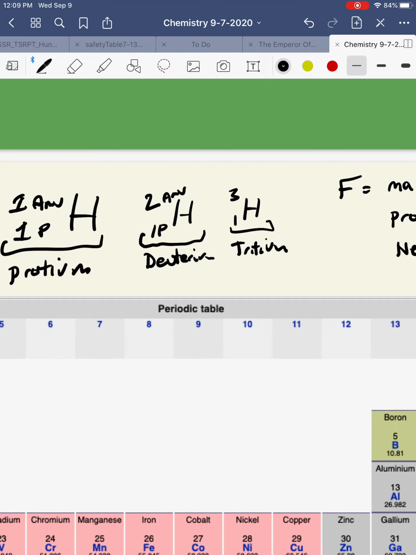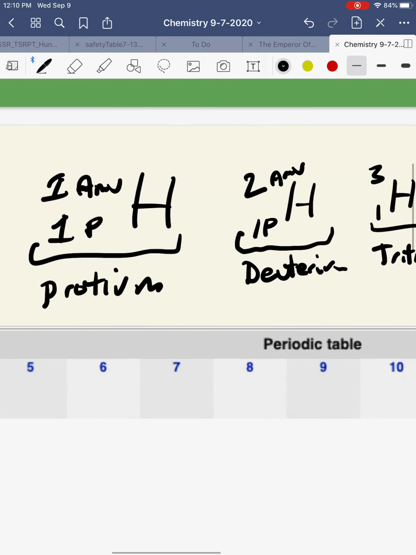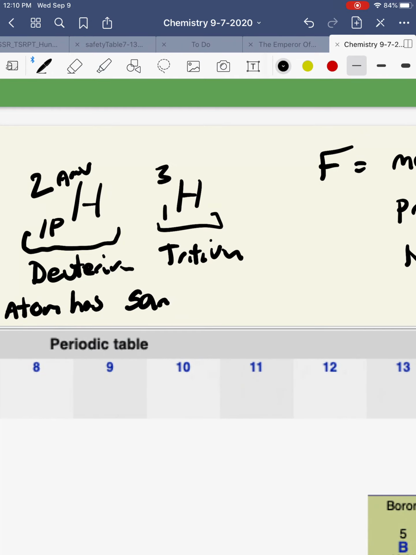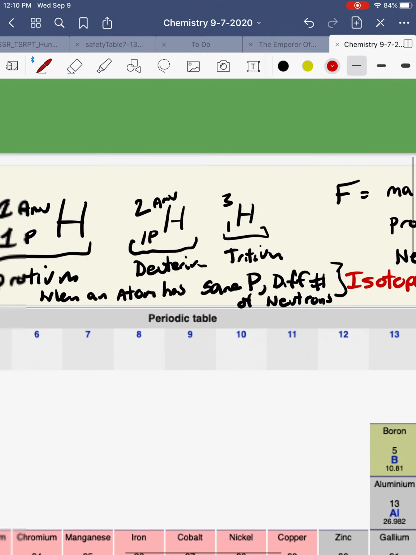Right? And it turns out whenever an atom has the same protons but different number of neutrons, we call it an isotope. And this is really important.